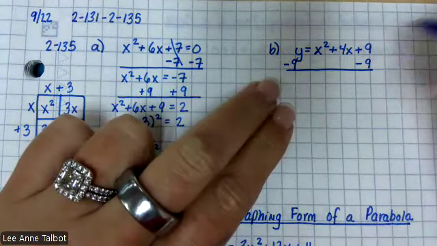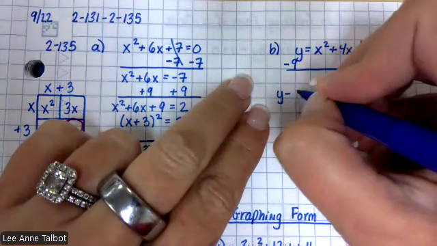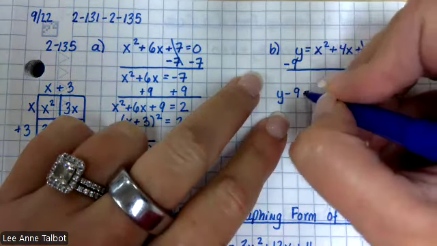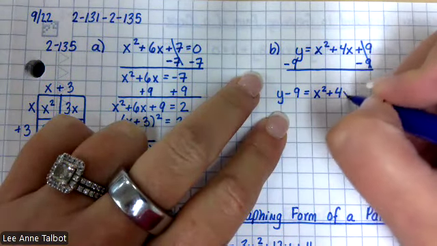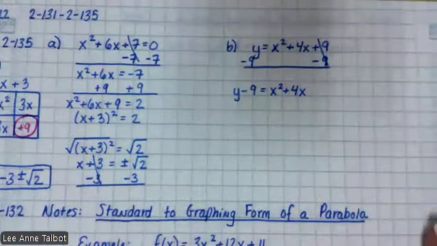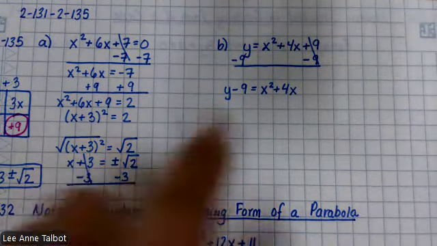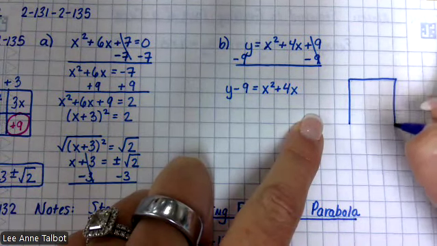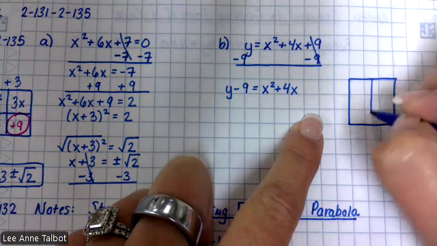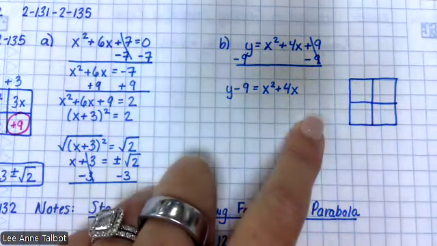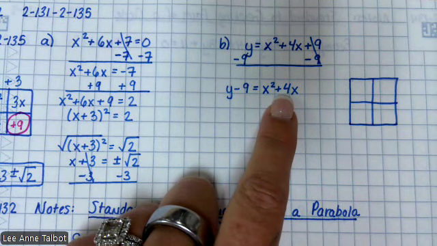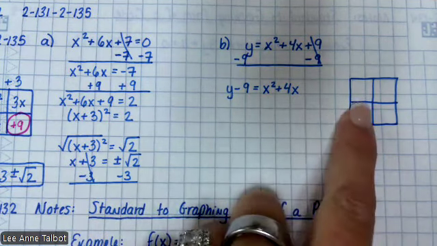Okay, now this is going to feel really weird. Just write y minus 9. Don't worry about it. Just leave that. Are you guys okay so far? Okay, now do the box. Okay, what goes in the first box?